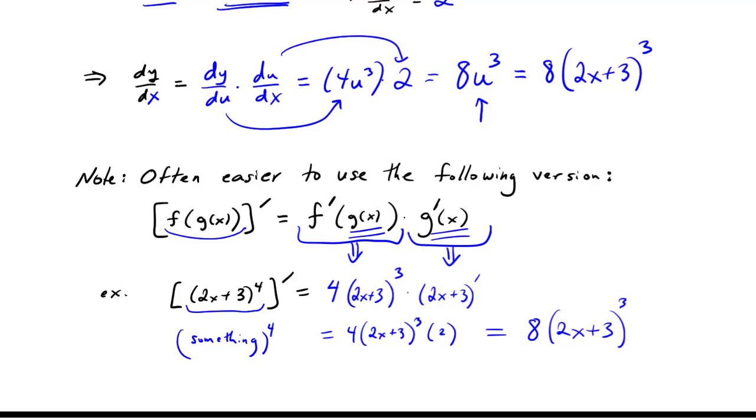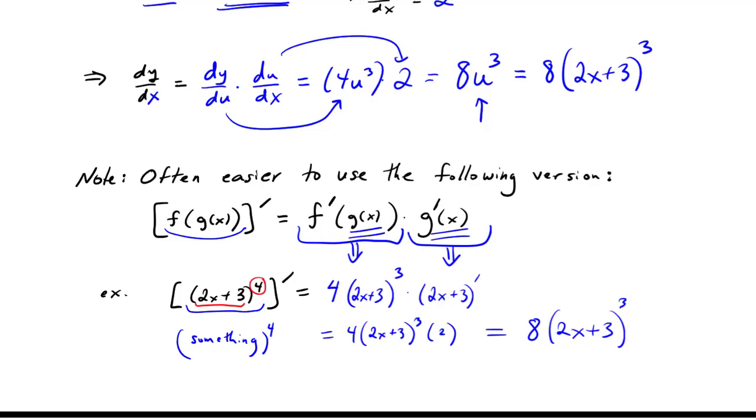That's more of the approach that we'll take. We're going to work from the outside in on our derivative taking. And you'll see we can do it with multiple levels, not just 2 levels here. So the idea is, again, identify the makeup of the function. I have something to the fourth.